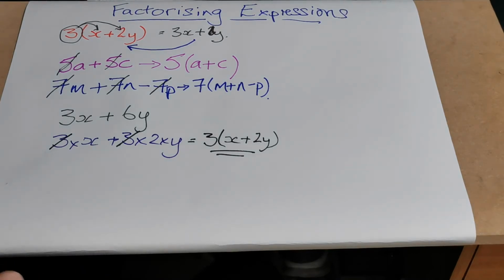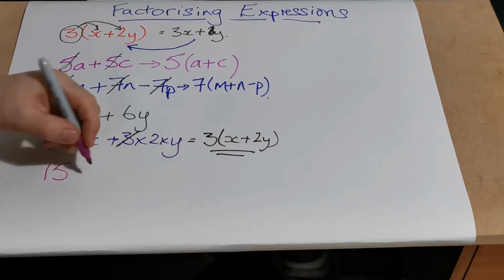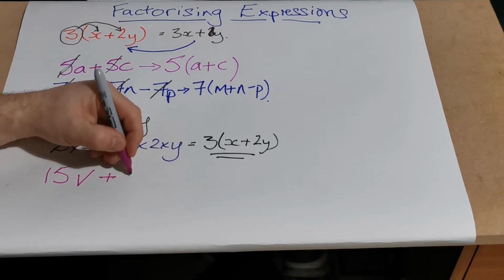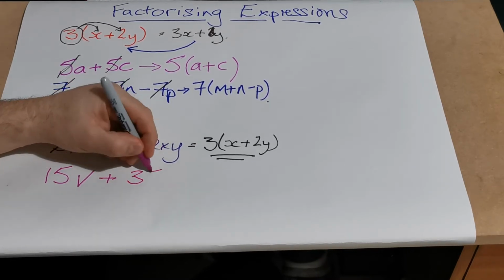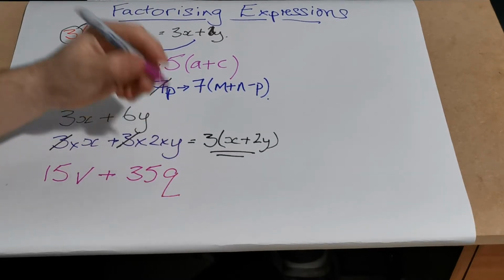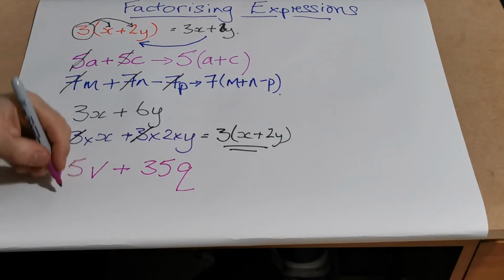So let's look at something slightly more complicated. If I've got 15v + 35q, I can see they're both in the 5 times table.